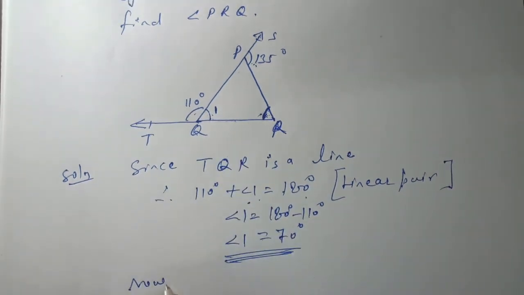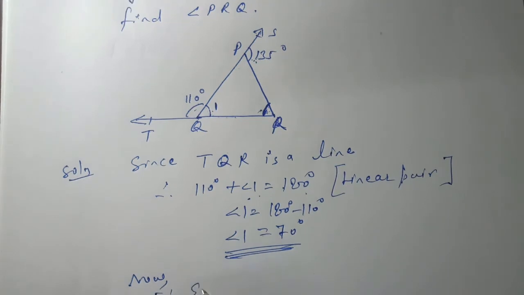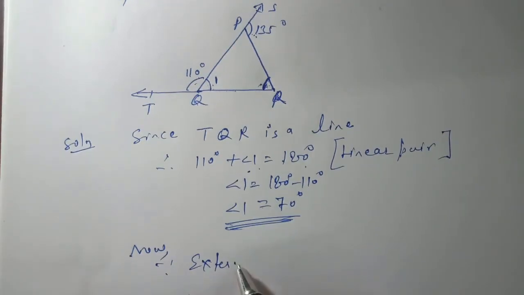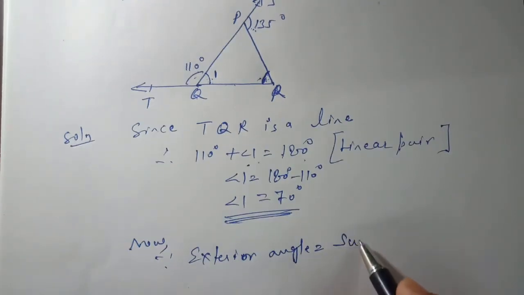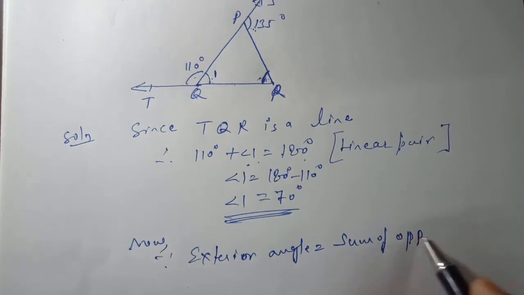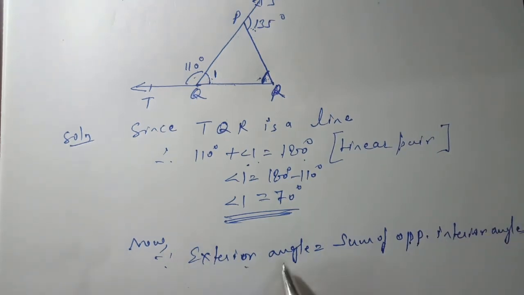Now, since the exterior angle is equal to the sum of the opposite interior angles, we have the exterior angle as 135 degrees, and the opposite interior angles as angle 1 plus angle R. We have to find the value of angle R. We have just found the value of angle 1.